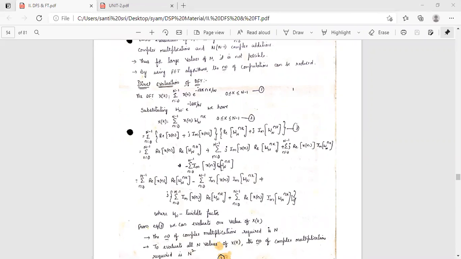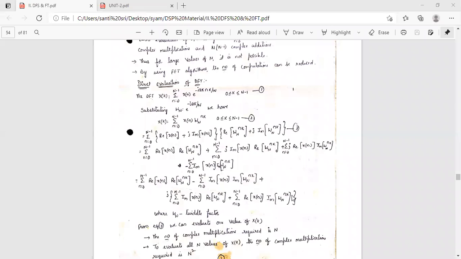So understood. Here we are writing this x of n into W_N power nk as a combination of real and imaginary terms. So real of x of n plus j into imaginary of x of n, into real of W_N power nk plus j into imaginary of W_N power nk, right?